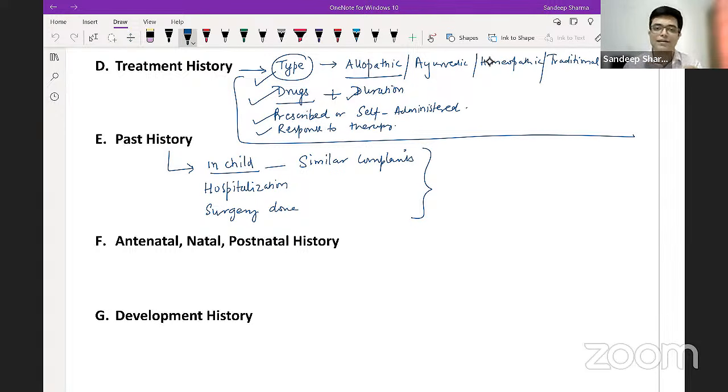So appropriate past history needs not be missed here. Because if it is a rheumatic heart disease patient and you don't mention about fever, arthralgias, etc. in the past, this is a major error and examiner is going to catch hold of you.